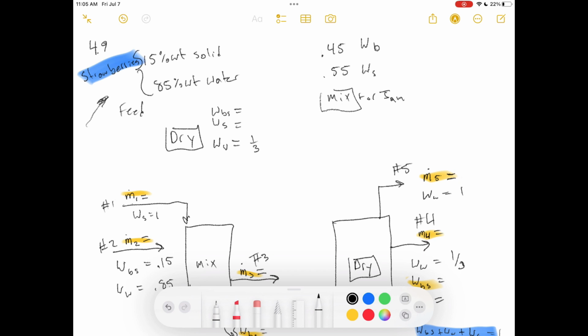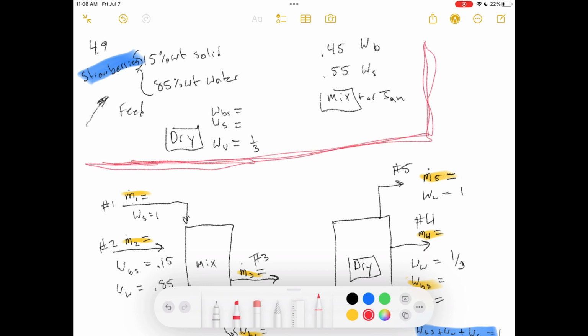Okay, Part A: draw and label a flowchart of this process. So here, I'll go through and highlight and underline where I'm talking about in red. This part right here is just the information we got from the problem statement.